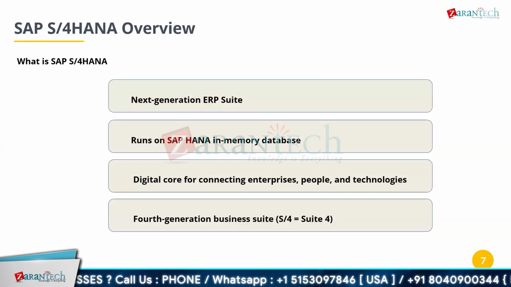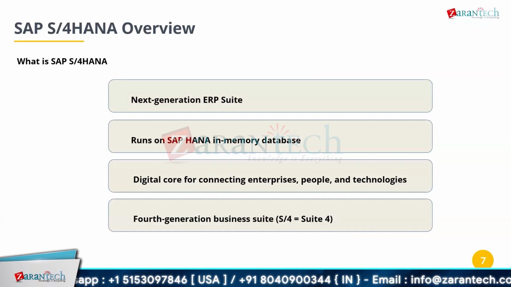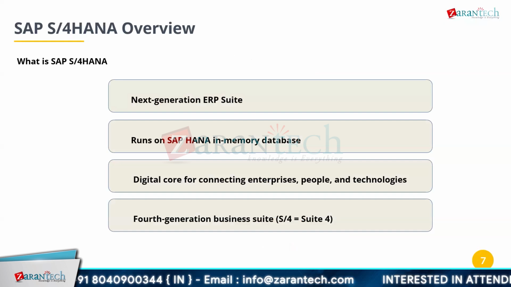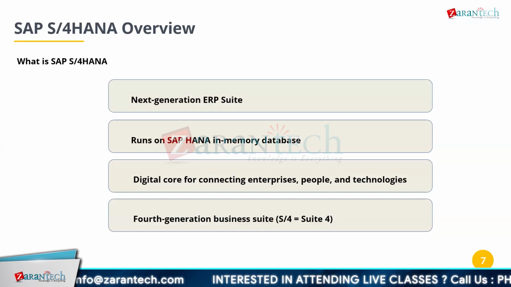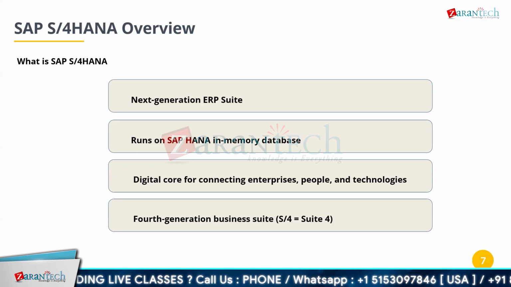So the question is, why SAP HANA? Sorry, before you proceed, do the acronyms ECC and S4 HANA mean anything? Yes, ECC is the older version and S4 HANA is the latest version.